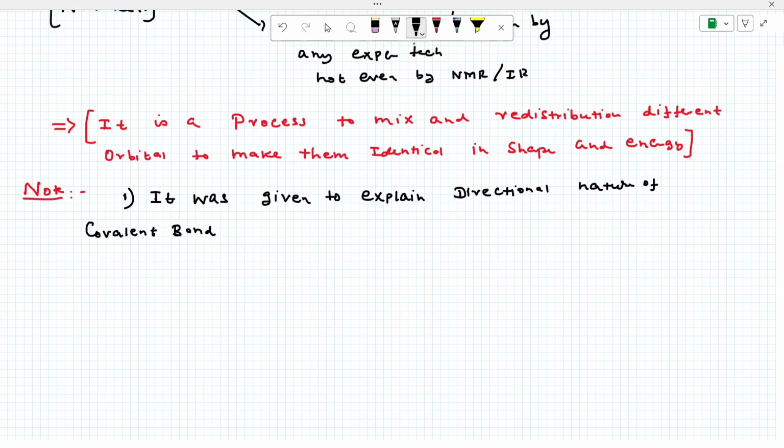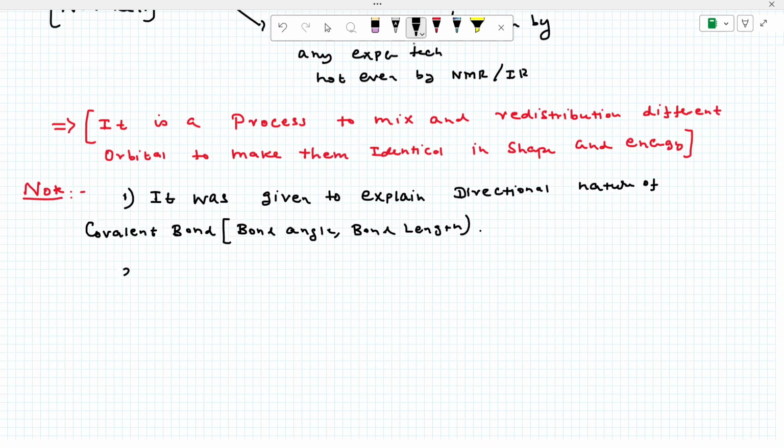Okay, what is directional nature அப்படின்னா bond angle, bond length, geometry.